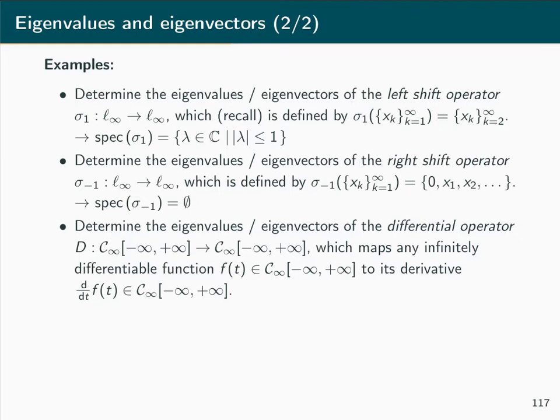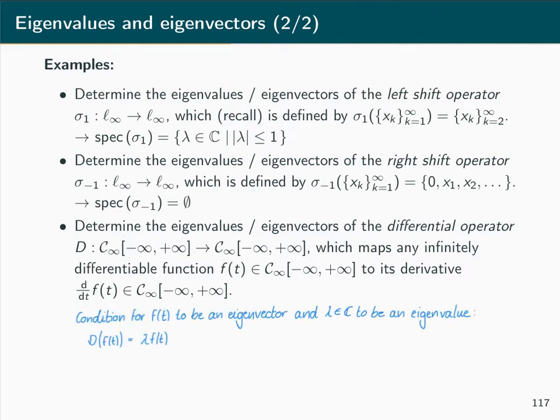It maps any function f of t in that space to its derivative, so d/dt f of t. Here, the set of infinitely continuously differentiable functions means that any function in that space has infinitely many derivatives, and all of these derivatives are continuous. It's easy to verify that this set is in fact a vector space.